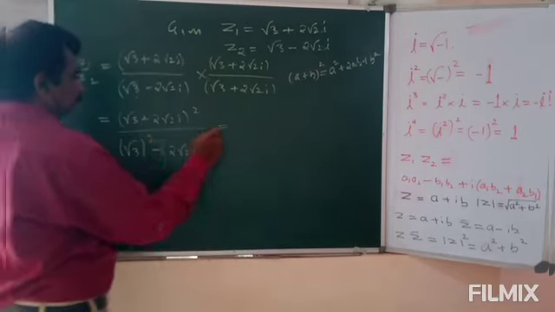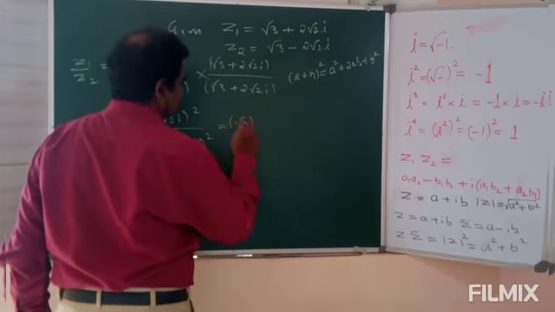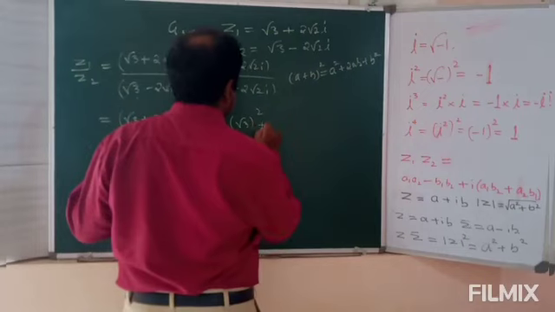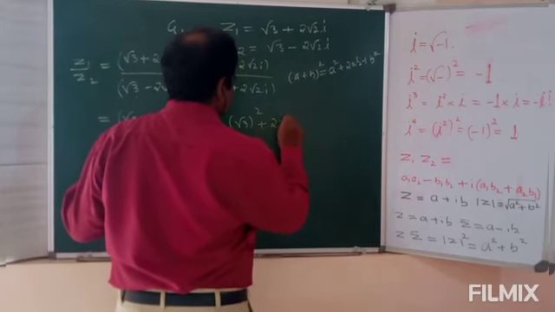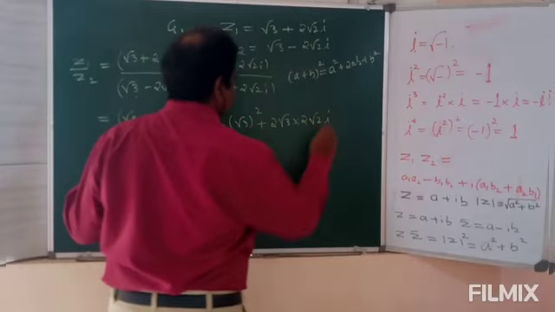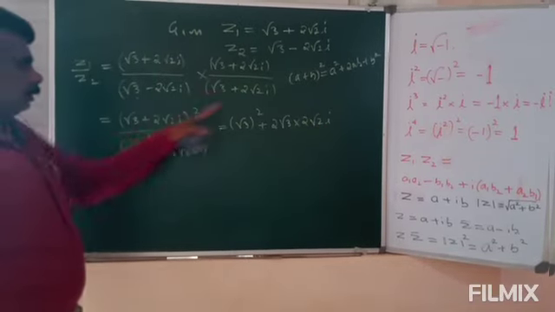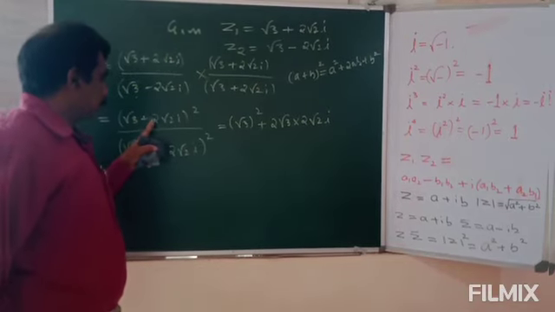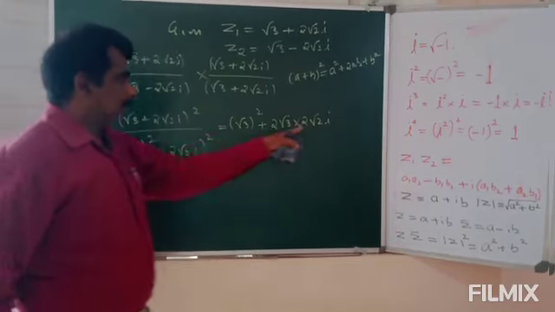A plus b whole square: root 3 whole square, plus 2 root 3 into 2 root 2i, that is a square plus 2ab. What is the value of a? Root 3. B value is 2 root 2i.